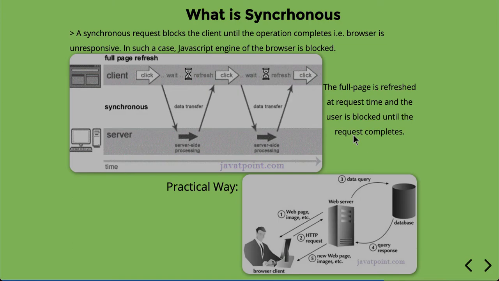Before going to the asynchronous concept, we need to discuss the synchronous. What is synchronous? A synchronous request blocks the client until the operation completes, like until the web page completely reloads. It means the browser is unresponsive. In such a case, the JavaScript engine of the browser is blocked.